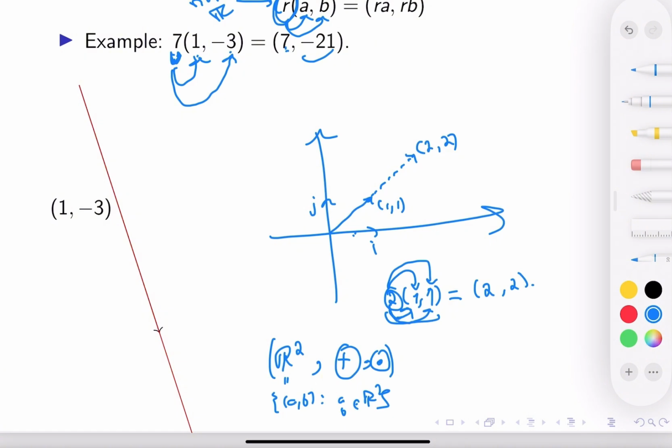So we started with a set, and now we have a set with two operations. So it is a candidate for a vector space, because we haven't defined what a vector space is yet. It is a candidate because it has two operations, and we need to check some axioms that we're going to define in a bit to check whether or not this is a vector space. In fact, it is.